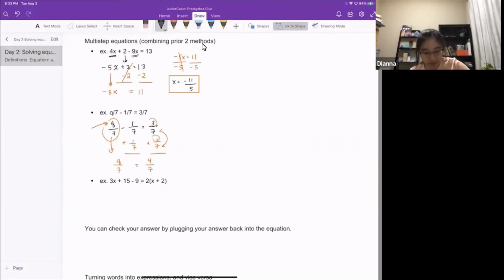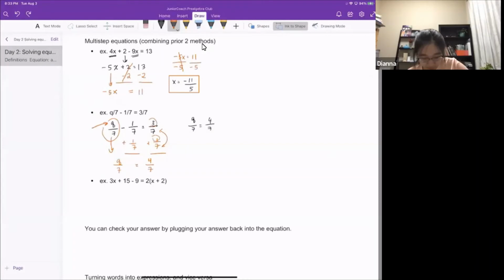So here, now we have q over 7 equals 4 over 7. And so I don't want the 7 down here, right? Because I want q by itself, and it's not there yet. So to get rid of that 7, I'm going to multiply both sides by 7, right? And the reason I do that is because 7 was in the denominator down here. So it was divided, q divided by 7.